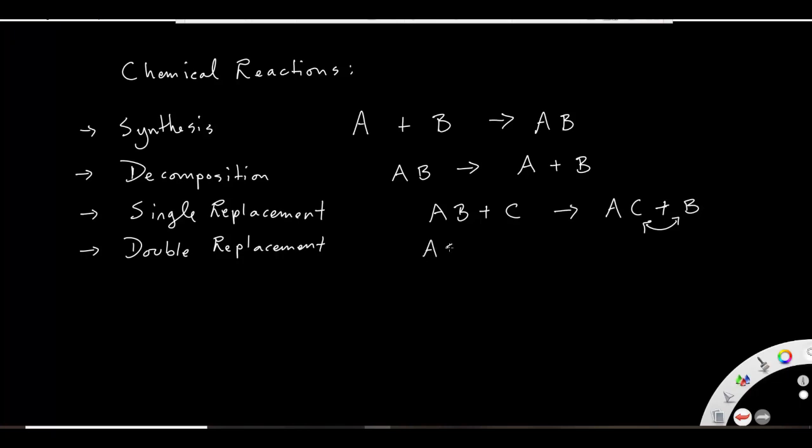Double replacement occurs when you have two possible candidates. So in one case, for single replacement, essentially only one thing gets a replacement, but for double replacement, two things get a replacement. Now, definitions are all well and good, but examples can sure be helpful.